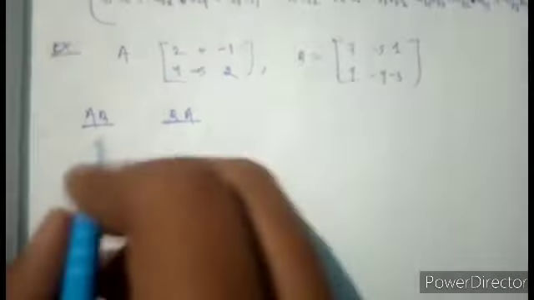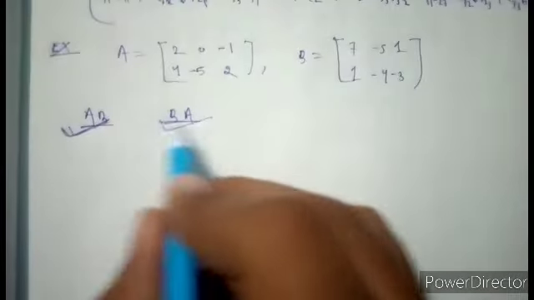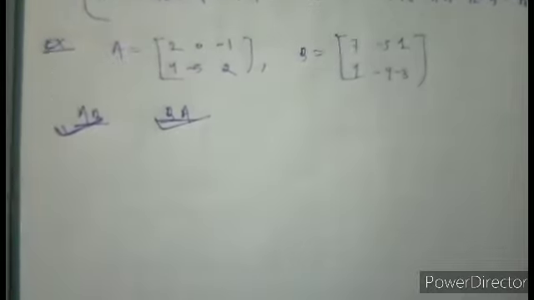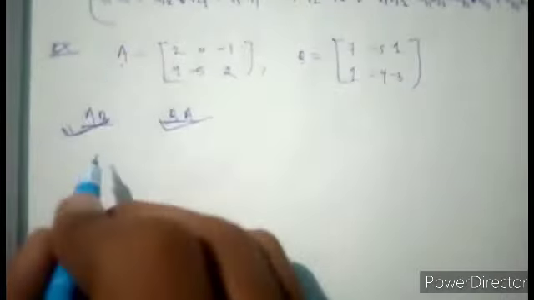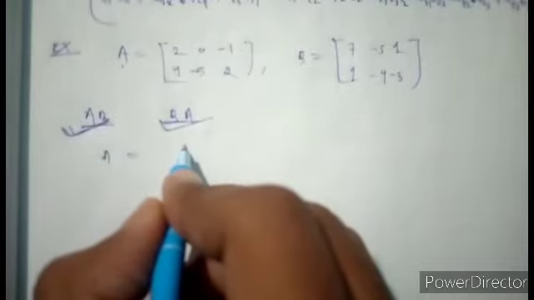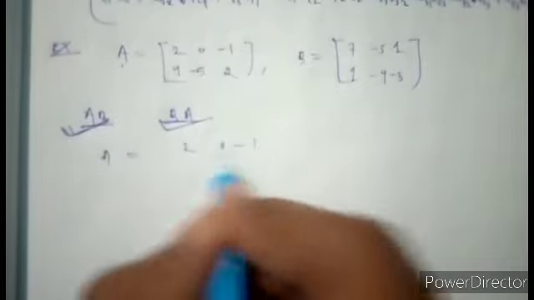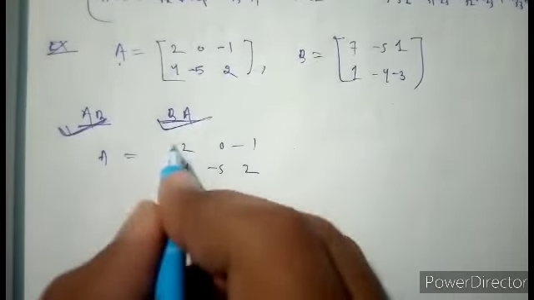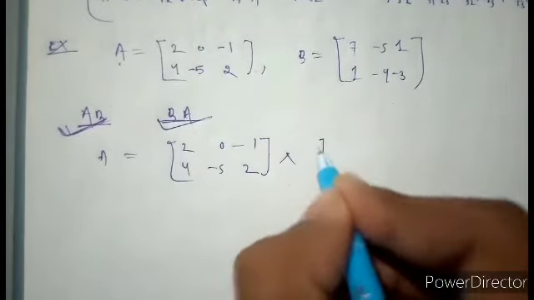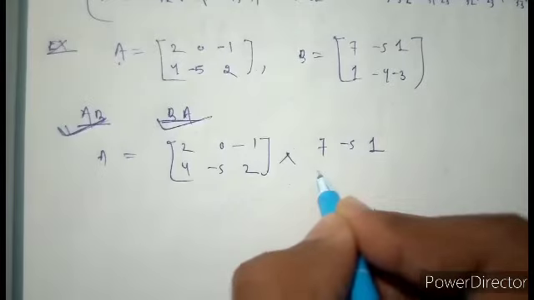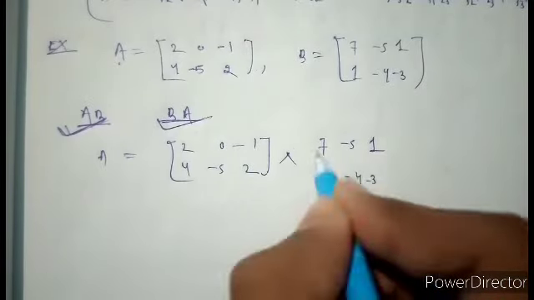Then find out AB and BA. I will tell you how to find AB, and you try to find BA. I have A is equal to 2 0 minus 1, 4 minus 5 2, multiplied with B, which is 7 minus 5 1, 1 minus 4 minus 3.